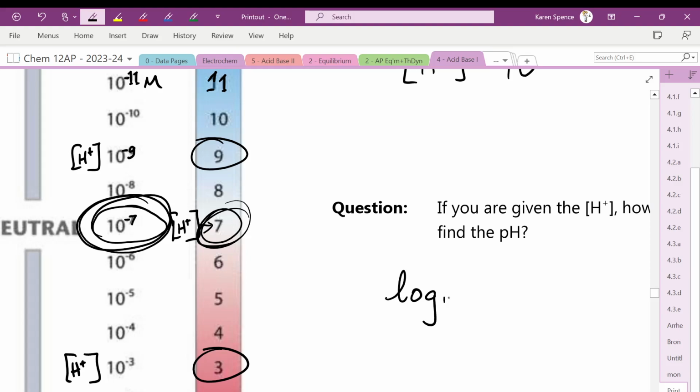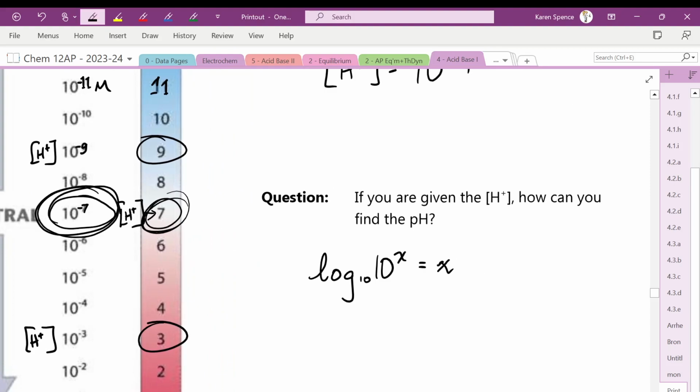Log base 10 of 10 to the x is equal to x. Yes? Now, we're not going to write the base 10. We're just going to assume that if we write log and haven't written anything else, log of 10 to the x is equal to x.